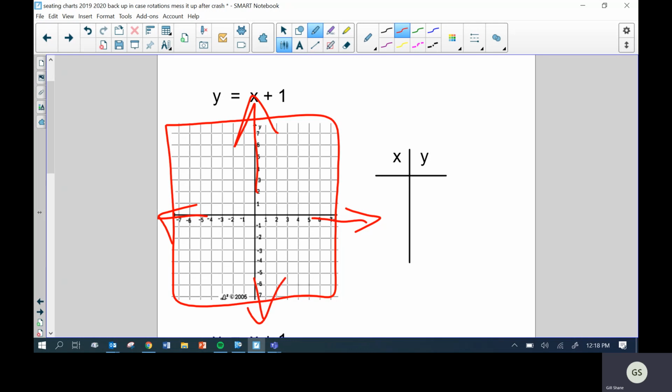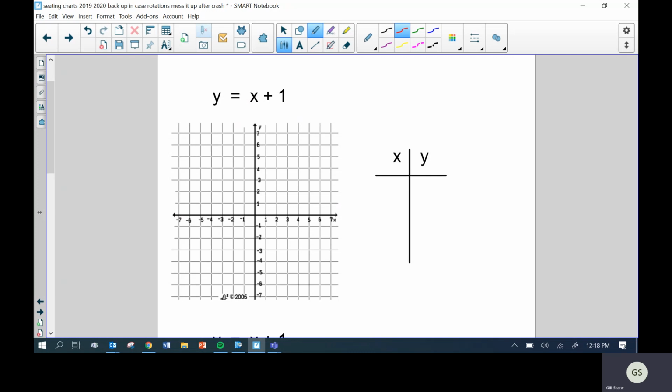And again, the X and the Y axis are sort of imaginary. They just help us to understand where our data falls. You'll learn more about that later in another class probably. But the X and Y coordinates allow us to say, if we have data, where would that data be on the graph?